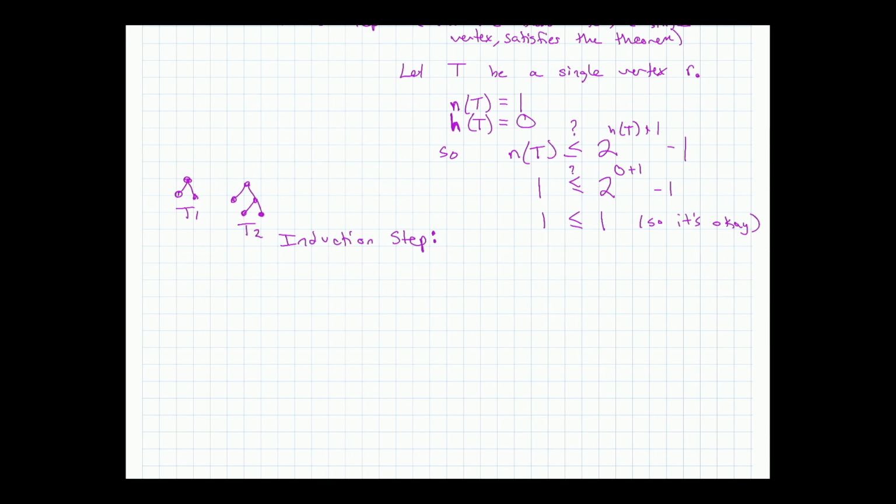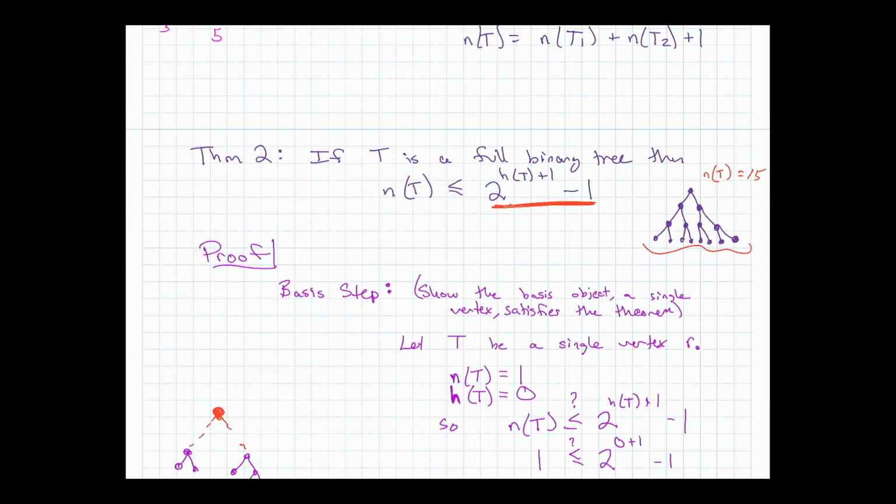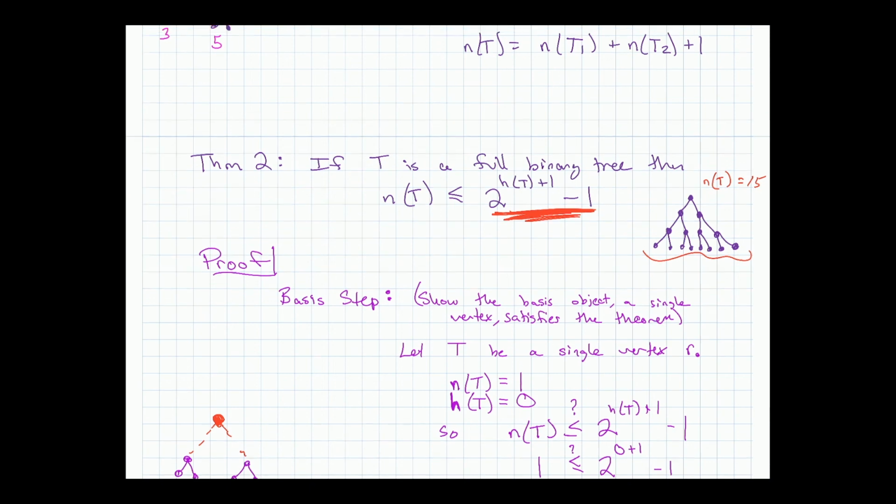And then you make a new one by adding in this new vertex and then connecting those dots. And so what you have to do for the induction step here is you're going to assume that the T1 and the T2 satisfy this underlined property here already. And then we need to show that the new tree, T, satisfies the property.